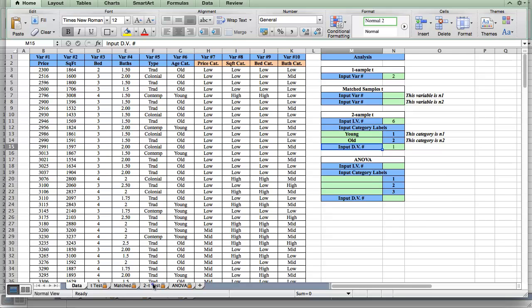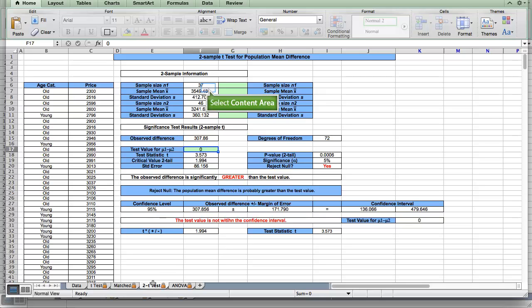On our t-test results, we can see our two sample means, and the observed difference of 307.86 is calculated for us. The two sample t just compares this observed mean difference to an assumed value of 0 difference.